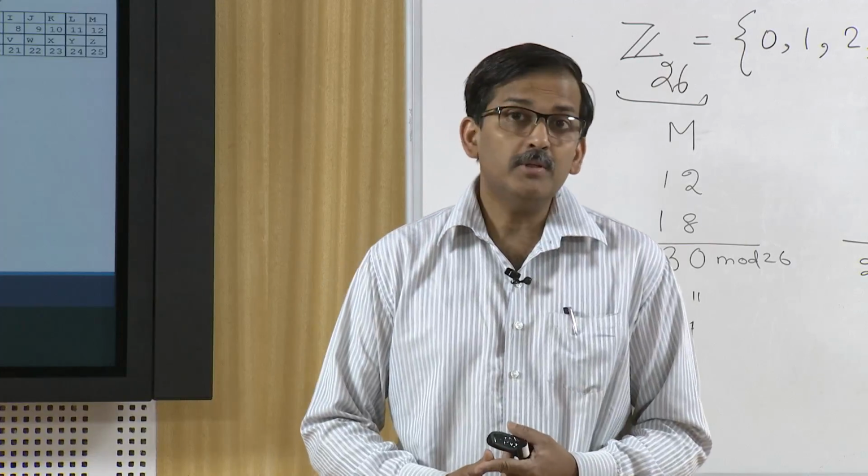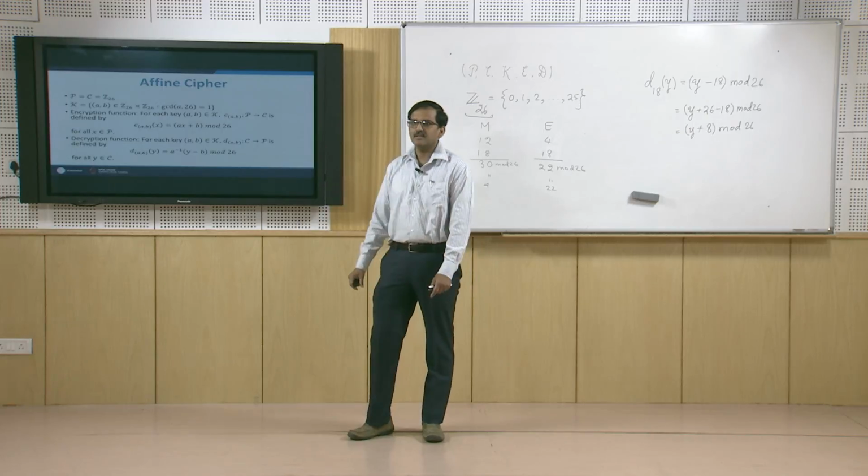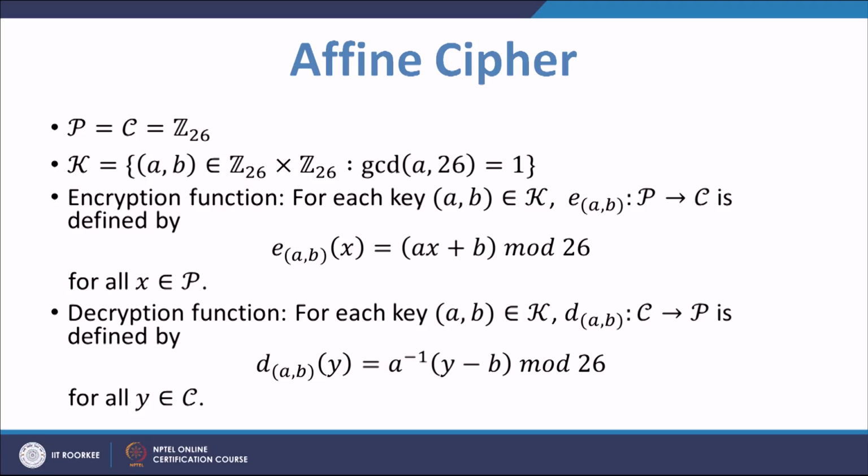Well, it is possible to do that, and for that we come to affine ciphers. In the case of affine ciphers, again we have P and C both equal to Z sub 26. So, we have Z sub 26 for P and C, but the key space is different.